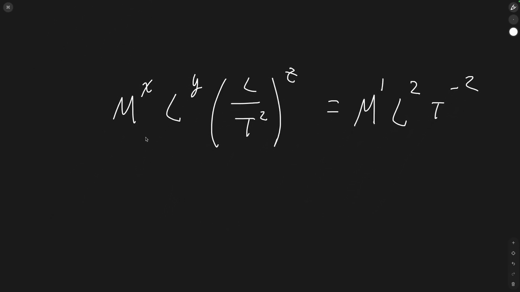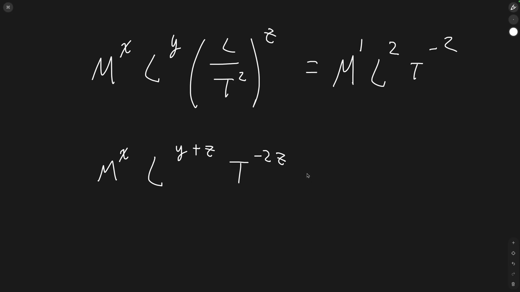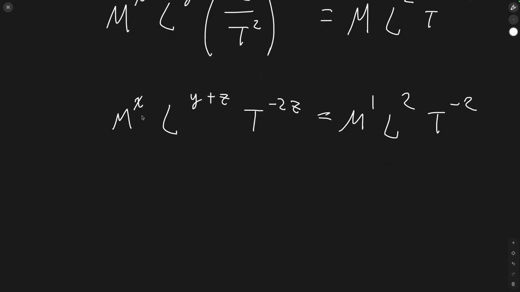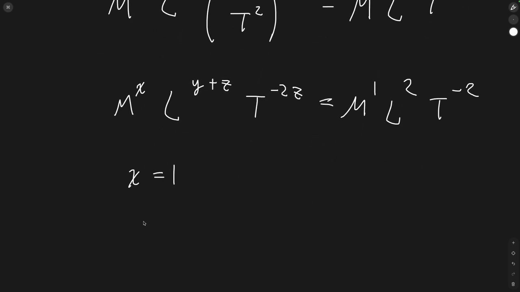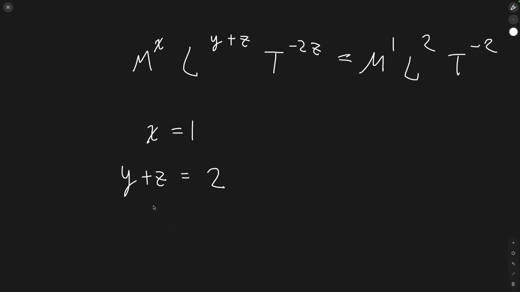Now we're going to rewrite this, so it's m to the x, L to the y plus z, and t to the minus 2z. That equals m to the 1, L squared, t to the minus 2. So it looks like x equals 1, y plus z equals 2, and negative 2z equals negative 2.